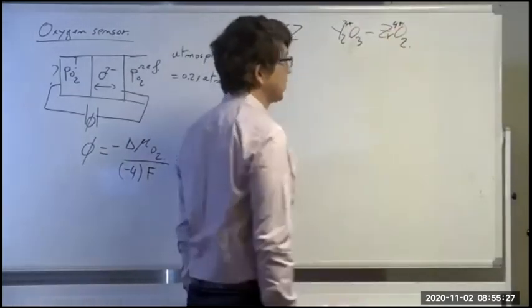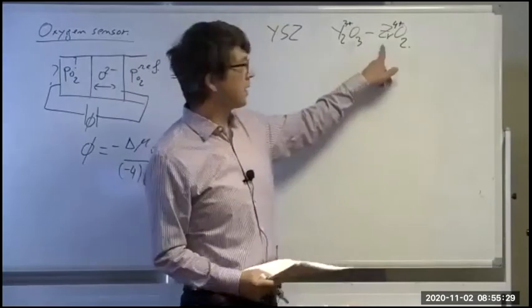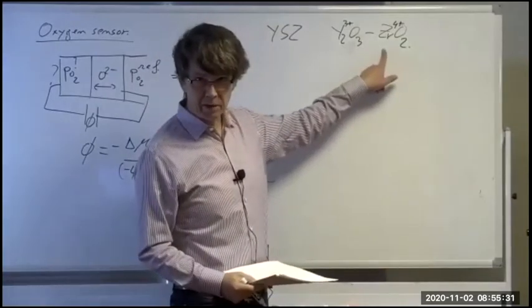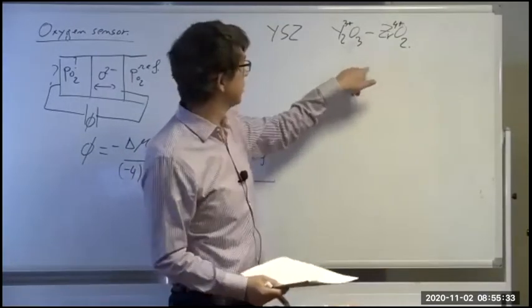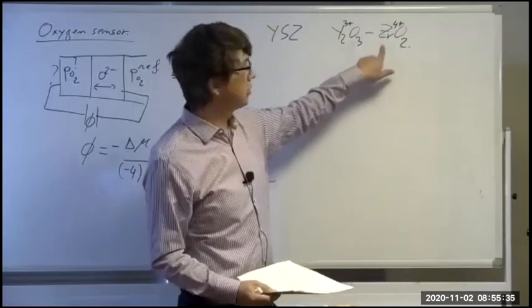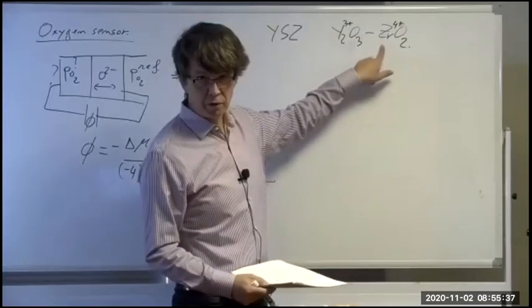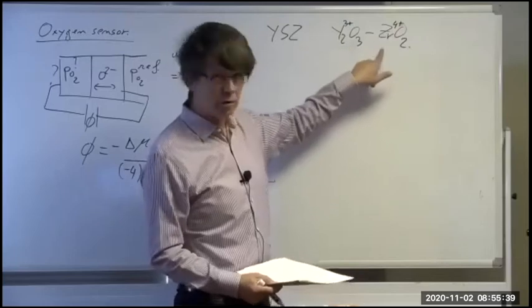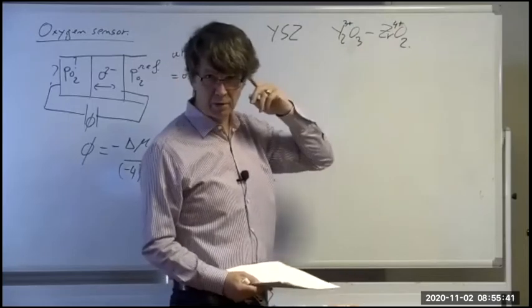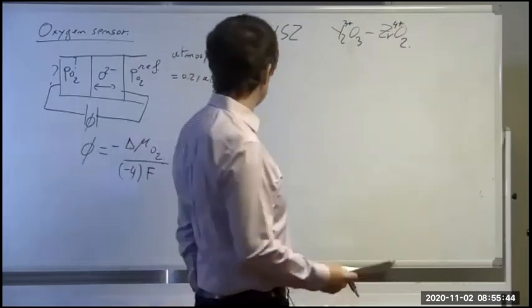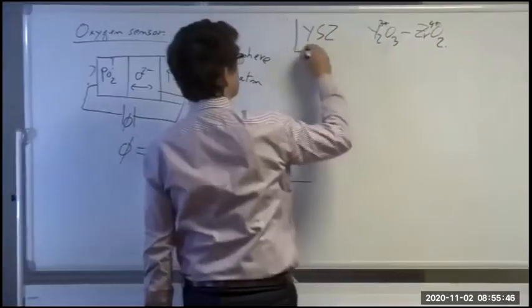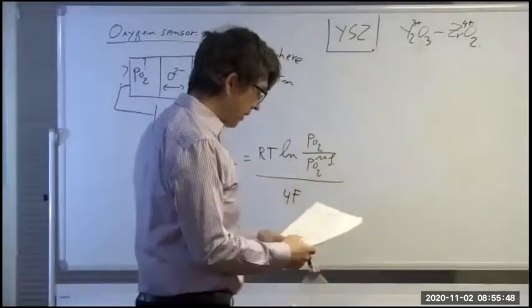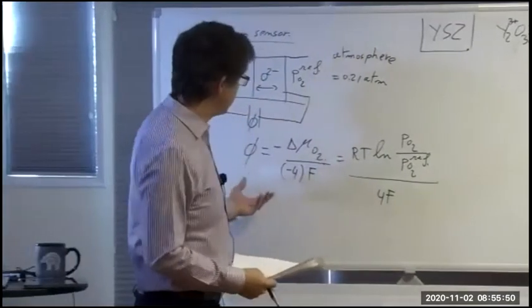So when yttrium substitutes on the zirconium side, it makes vacancies. That's how it charge compensates, because yttrium only has 3+ charge, zirconium has 4+ charge. So for every 2 substitutions, you're missing some electrons, so you need to get rid of oxygen, so you make vacancies.